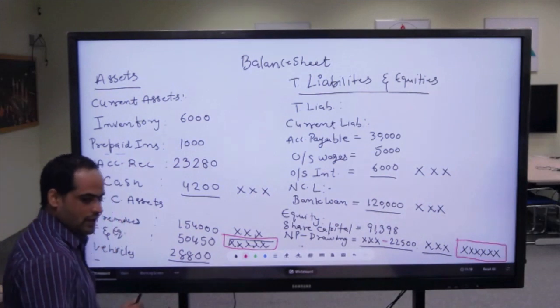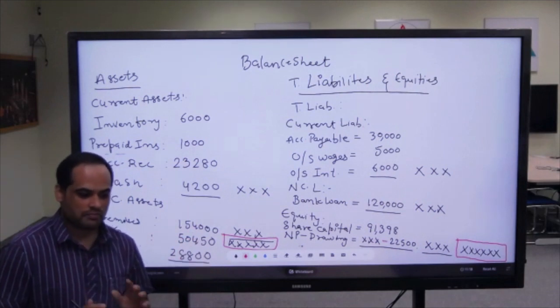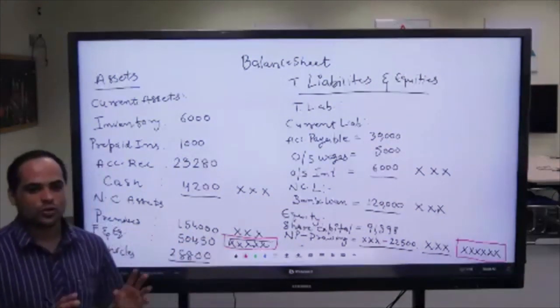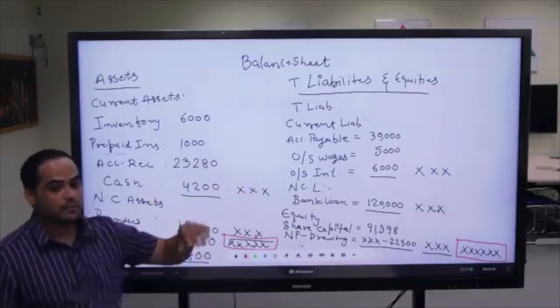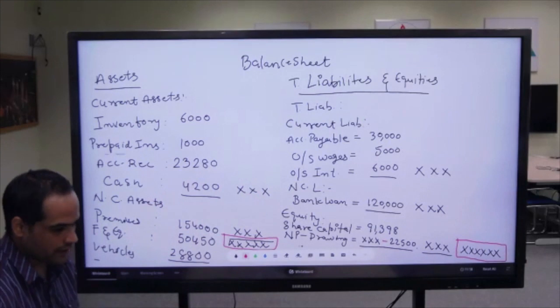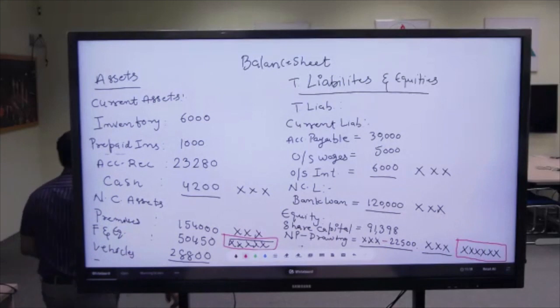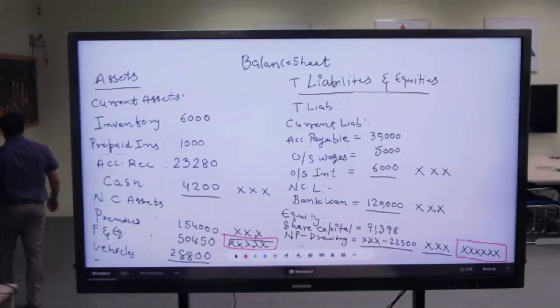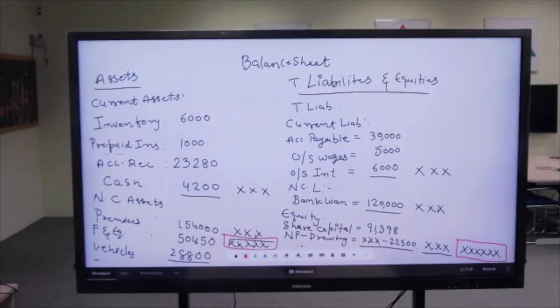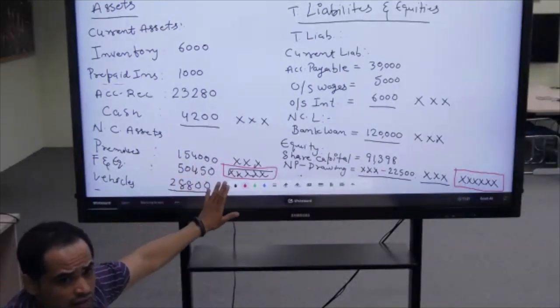If you calculate it, can you tell me what your number is? Can you give me your total assets or your total liability and equity? I'll give you 5 minutes, so quickly have a look. Do not give me total current assets or total current liability.